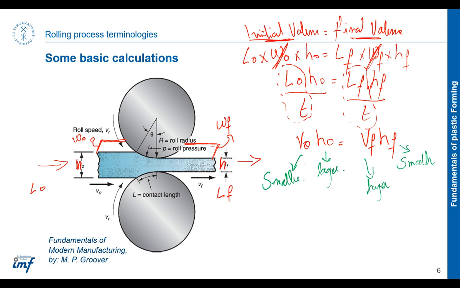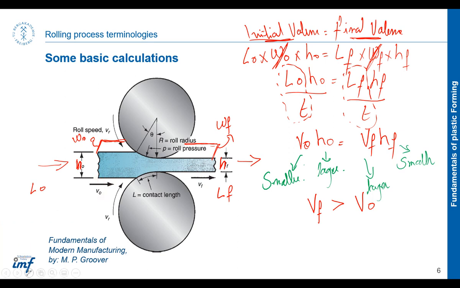Super. So this means that if we change this sign, this is larger. So let me change it back to red. I will write it like this: Vf is greater than V naught. This means that this velocity here, the outlet velocity, is larger than this initial velocity.